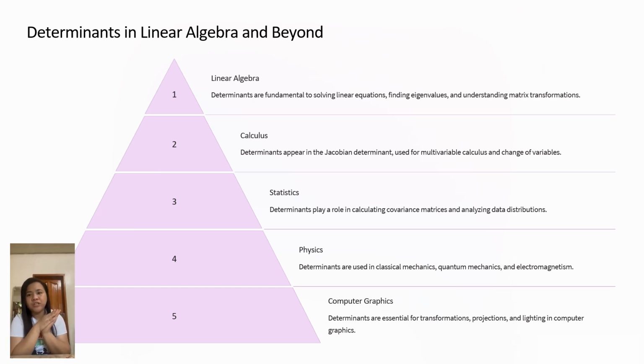And in optimization problems, determinants can be involved in functions like volume, area, and invariance in multi-dimensional spaces. Also in machine learning, in covariance matrix analysis, the determinant helps in evaluating the spread of variance of data points.